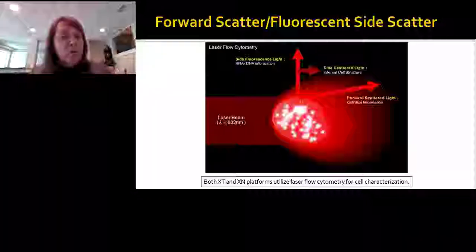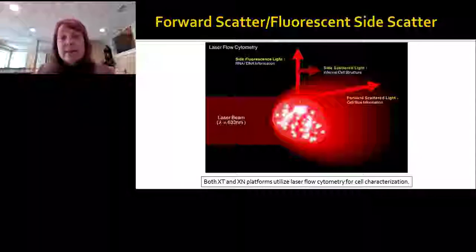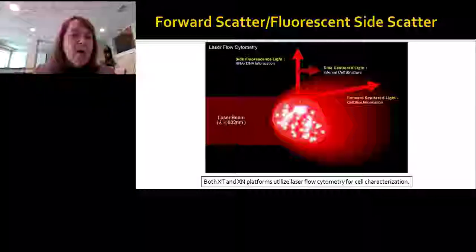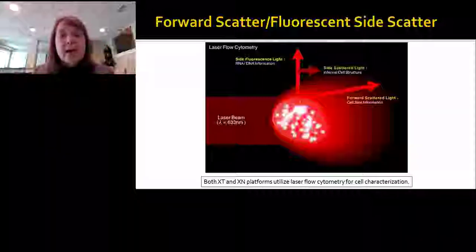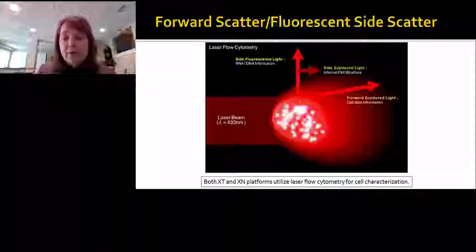Light scattered in a forward direction indicates cell size. Light scattered to the side determines internal complexity, such as the lobularity or lack thereof of the nucleus. And lastly, the Sysmex technology uses an RNA-DNA probe so that we can also capture fluorescent light.